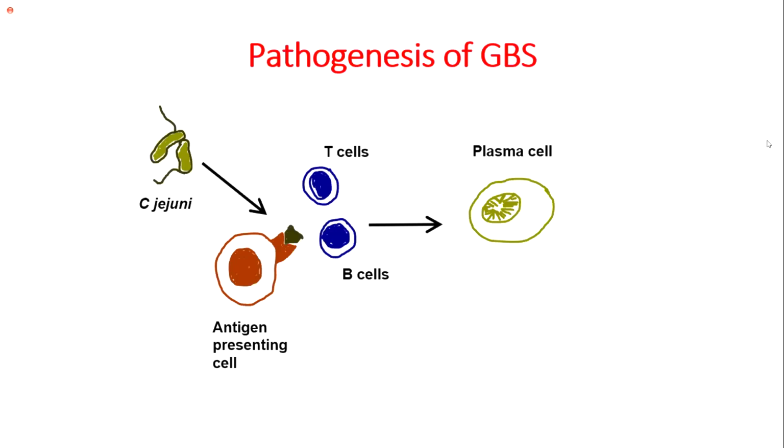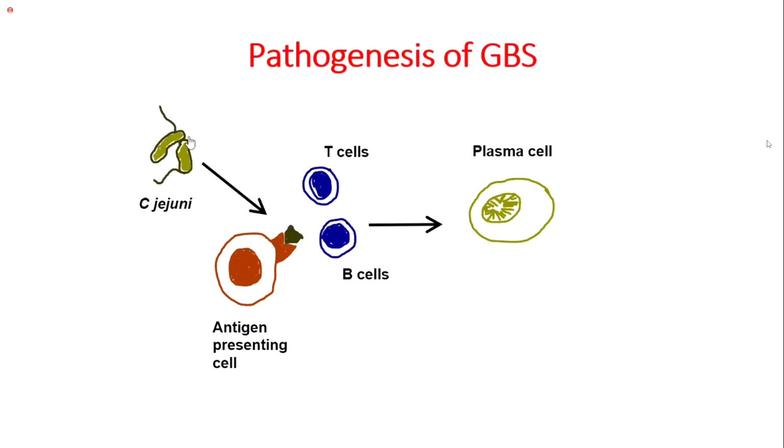But there are other infections also that can precipitate Guillain-Barré syndrome, like HIV, Epstein-Barr virus, cytomegalovirus, varicella zoster virus, Mycoplasma pneumoniae, and the COVID SARS-CoV-2 virus.